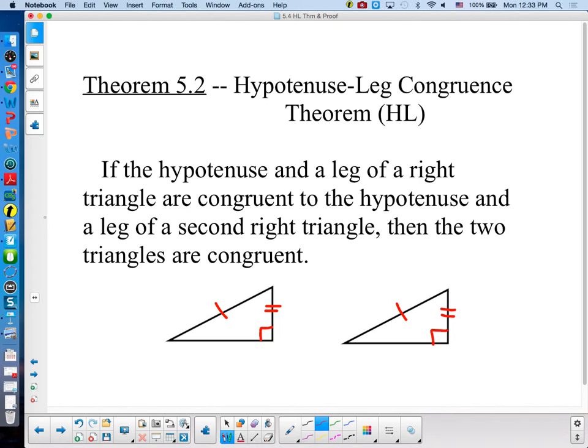You can't swing the hypotenuse to another place and still make a triangle. So if you find yourself getting that bad abbreviation, angle-side-side, maybe you should ask yourself if it's hypotenuse-leg, because that is what it looks like.